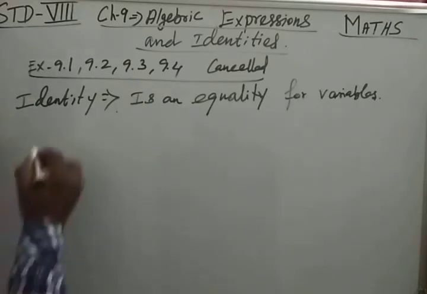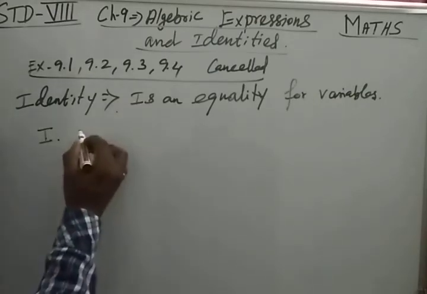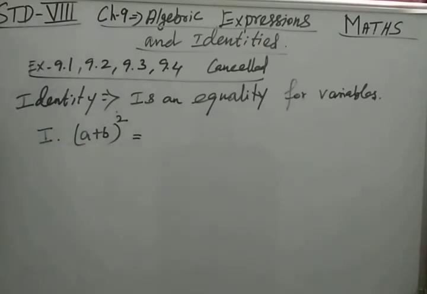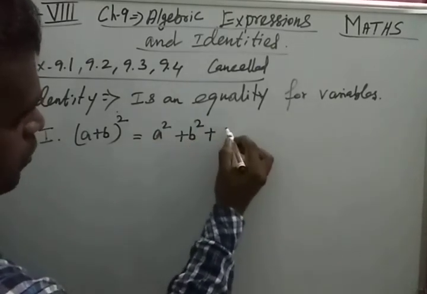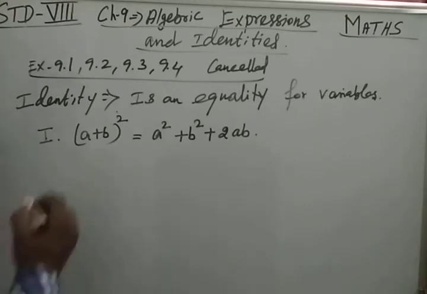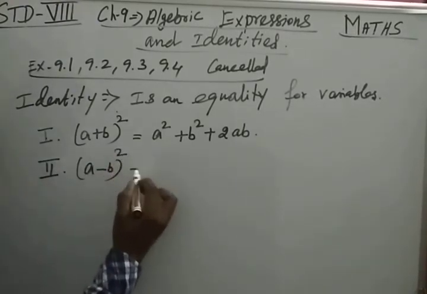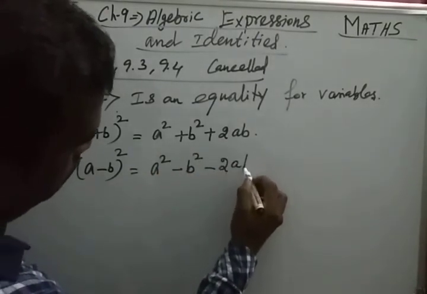So identity number 1 is based on (A plus B) the whole square. When they give (A plus B) the whole square, we have to write the value A squared plus B squared plus 2AB. This is the first identity. Then the second identity: (A minus B) the whole square is equal to A squared plus B squared minus 2AB.